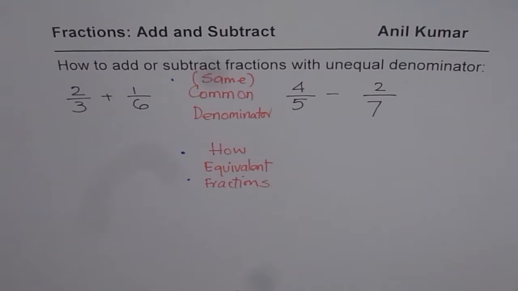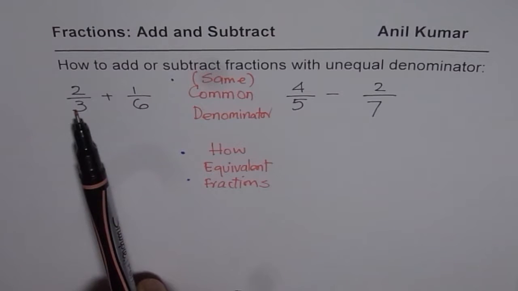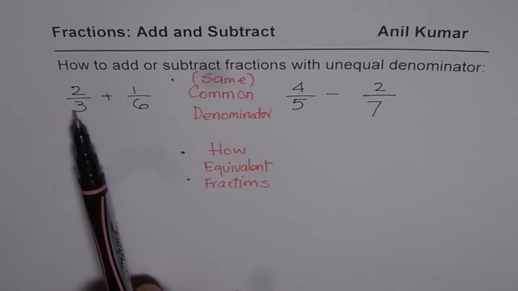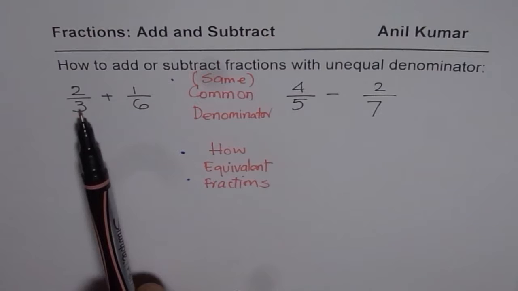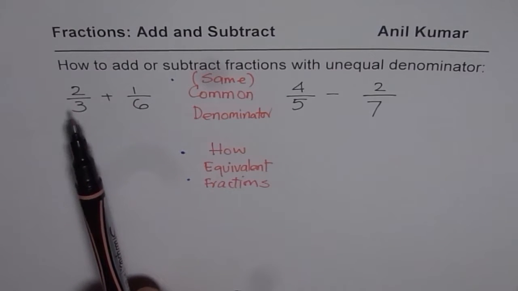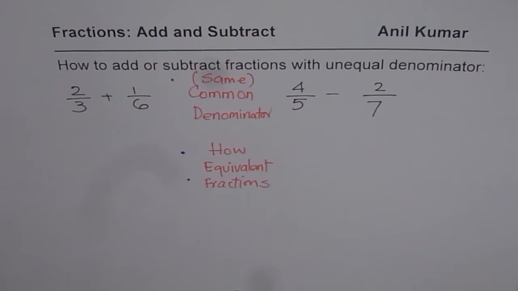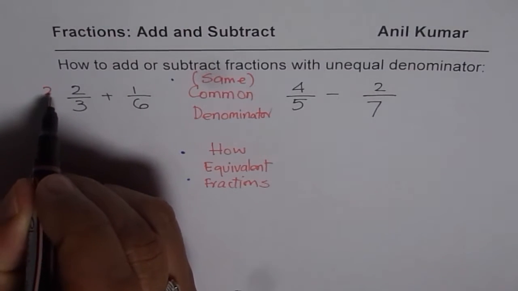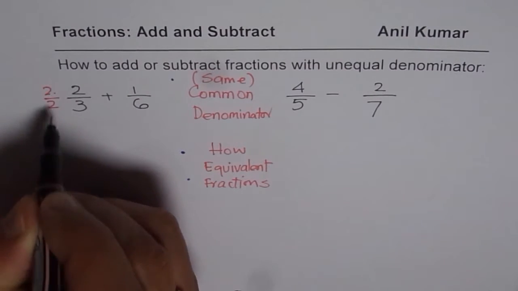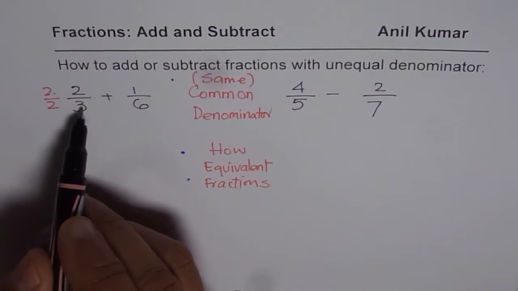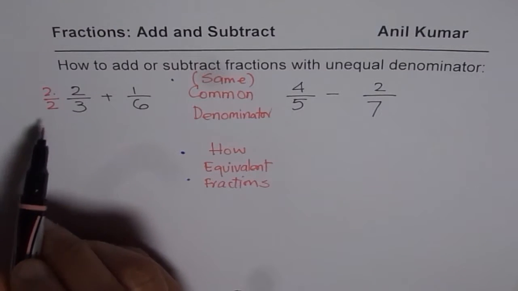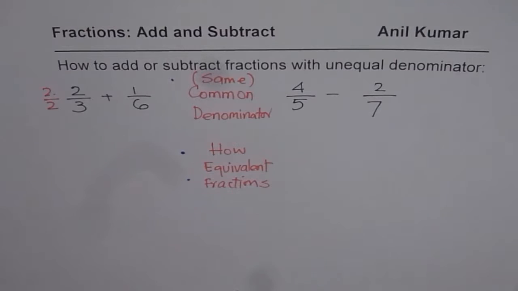So can we have a fraction which is equal to 2 over 3 but which has a denominator of 6? Well, you can multiply 3 by 2 to get 6, correct? So if I multiply both numerator and denominator by 2, in that case we get an equivalent fraction.